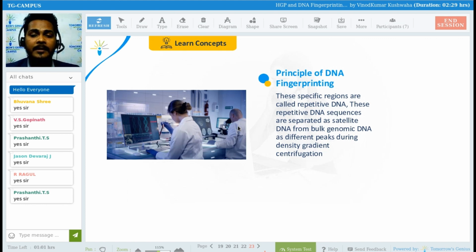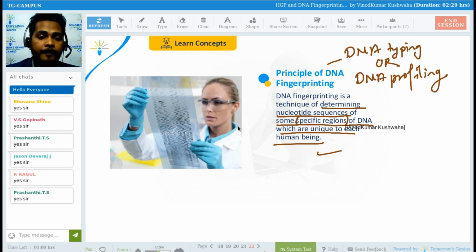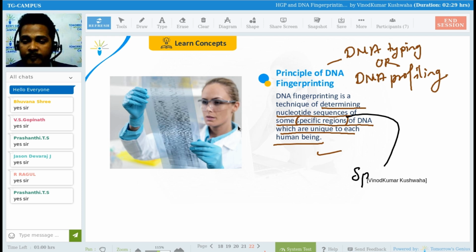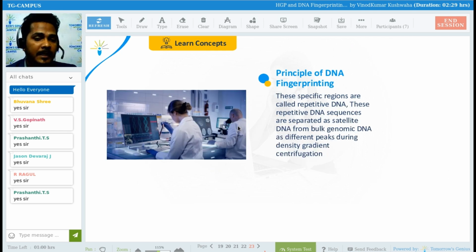Now, as I just told you, this specific region, these specific regions are called the repetitive DNA.